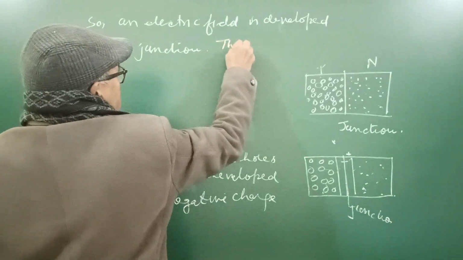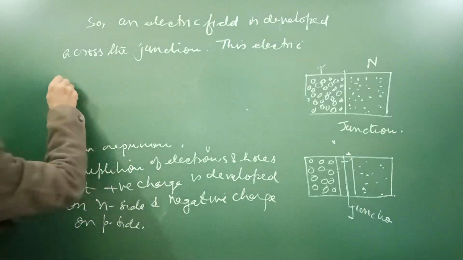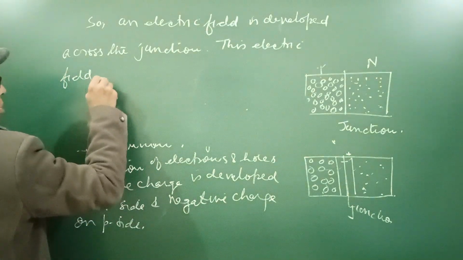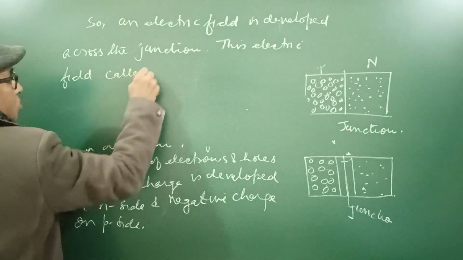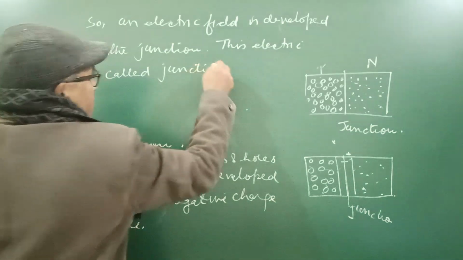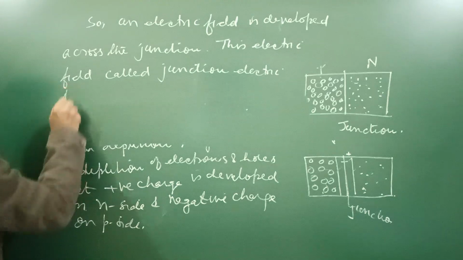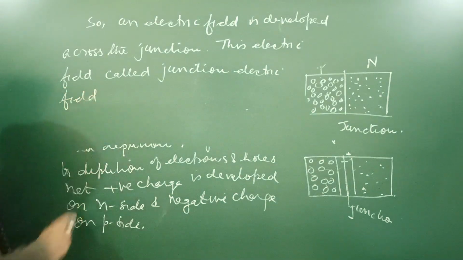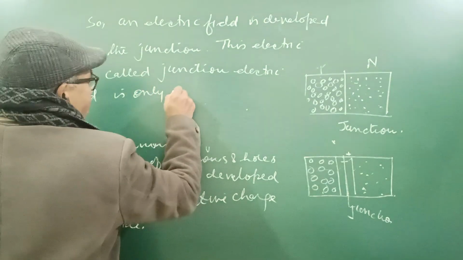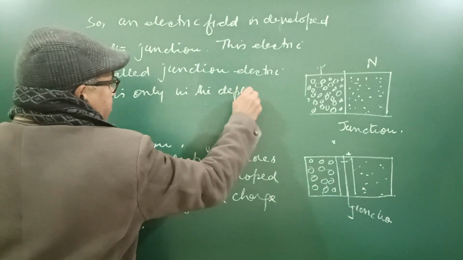This electric field, called the junction field or junction electric field, is only in the depletion layer.